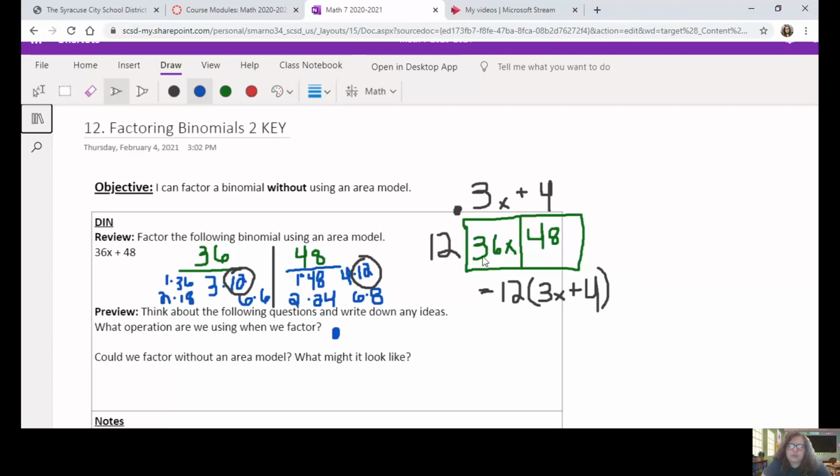So we have the 36 already, and then we find that 12. And even though we already had 12 times 3 equals 36, if we didn't have that list, we could take that 36 divided by the GCF and get that new binomial. So if you put division, that's also an operation here that we're using.